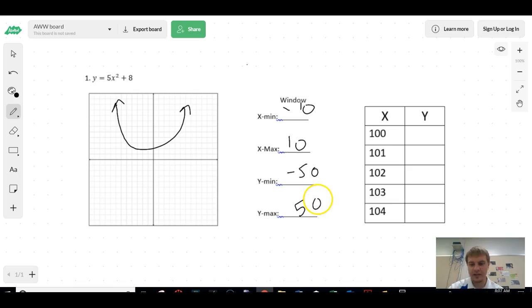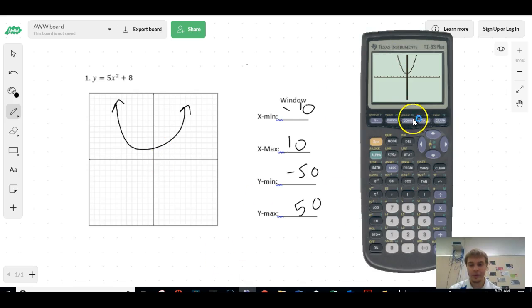Now, the next thing is, sometimes you want to know what x values you get for these y values. What you could do is, by hand, take all of the x's, plug them in for x here, and figure out what the y value would be. But the calculator actually already does this for you. So if we go back to our calculator, you can see right above the graph button that word that says table.